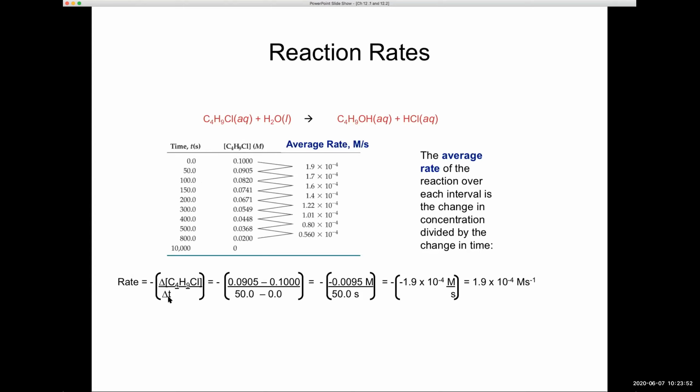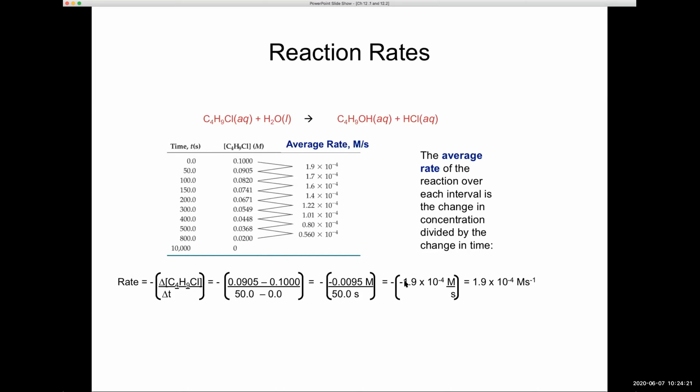And at the bottom here, I show the calculation of the first time interval. The rate, because it's a reactant, is a negative change of concentration of a reactant over the change in time. In that first interval, we have 0.0905 molar minus 0.1 molar divided by 50 seconds minus 0 seconds.